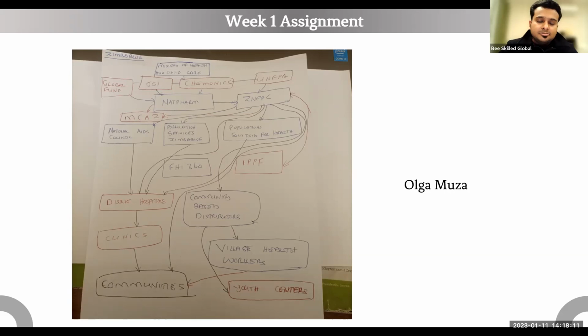The only way out of this scenario is to have your main organizations like MCAS, Ministry of Health, NatFarm, ZNFPC take a stand, create a multi-stakeholder coordination framework, and very specifically, in coordination with all these partners, define the roles, who is doing what. Otherwise, it gets difficult to understand how the information is flowing from one point to the other.